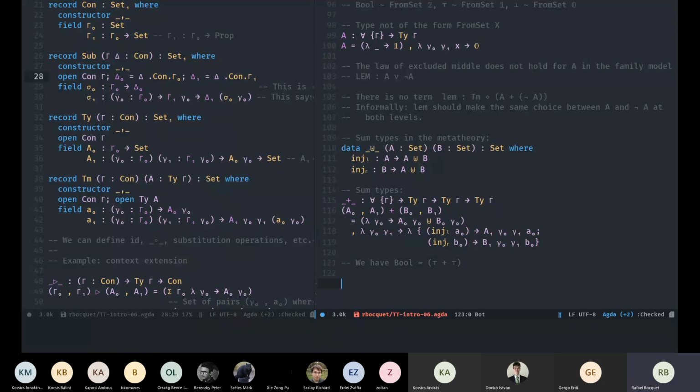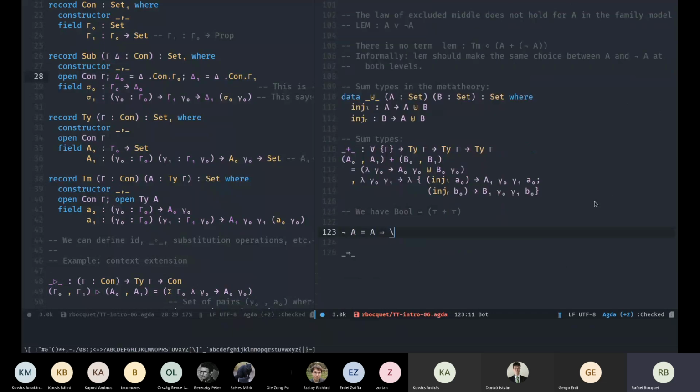And we also need to define the negation of A, which should be the type of functions from A to the bottom type. So we need to define the type of functions.